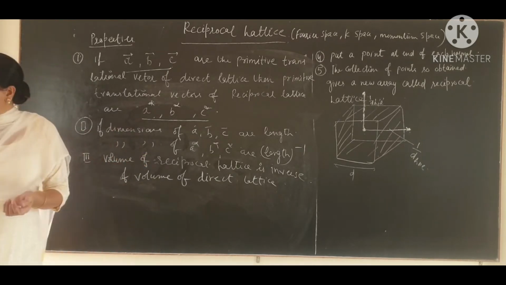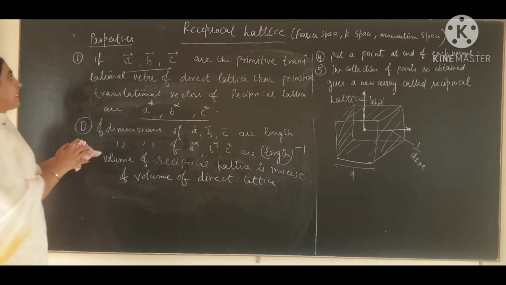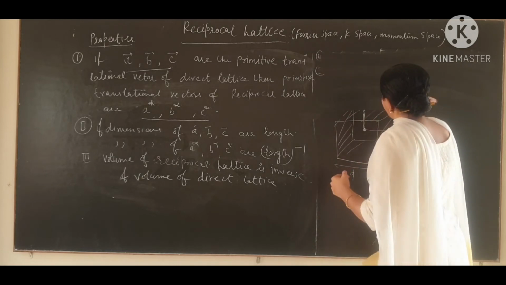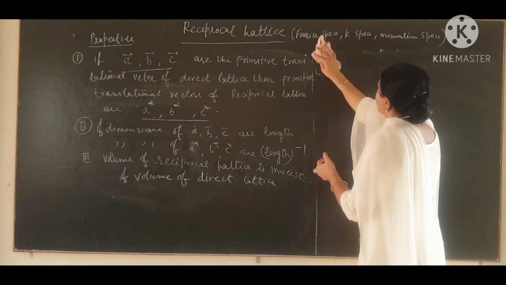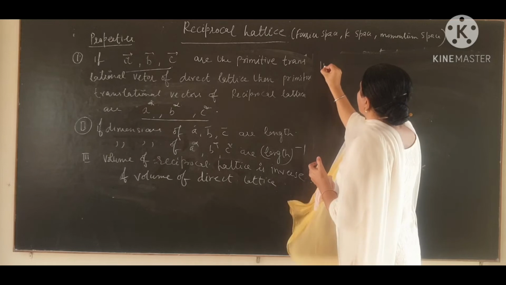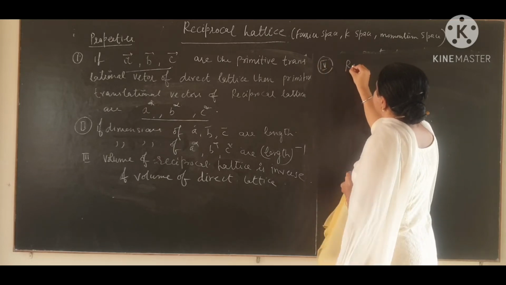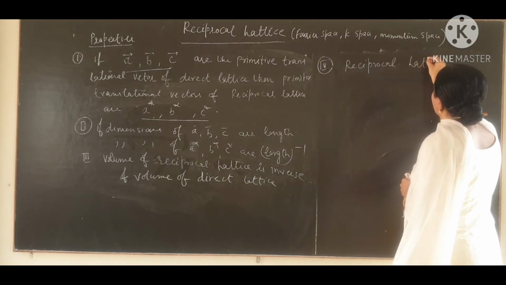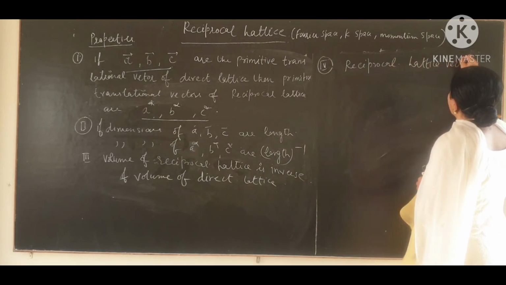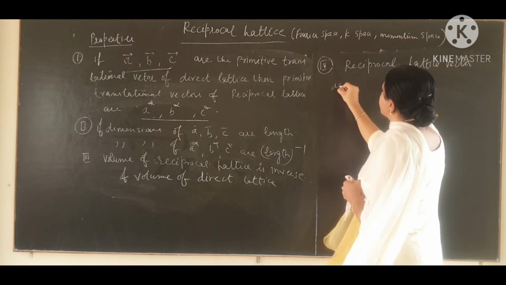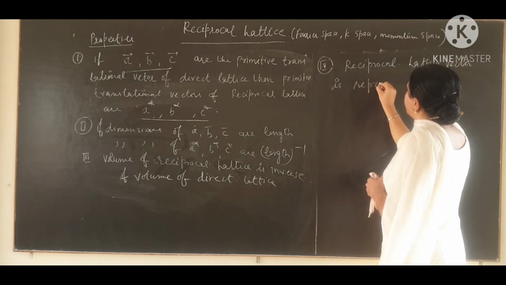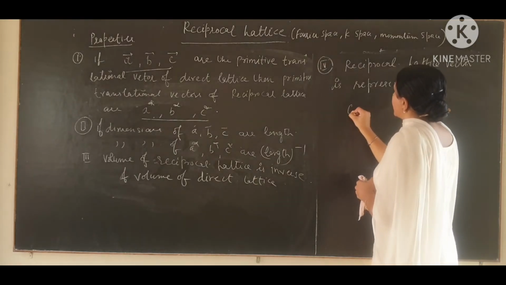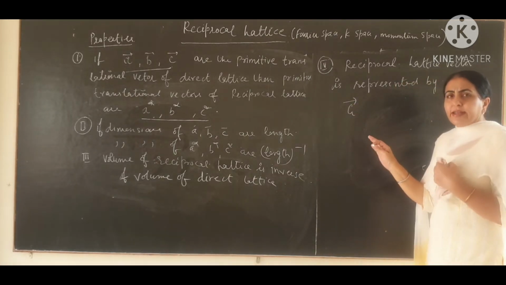The reciprocal lattice vector is represented by G, you can take any symbol.